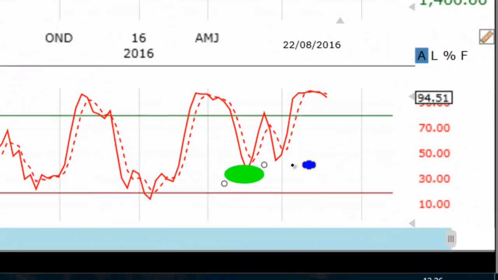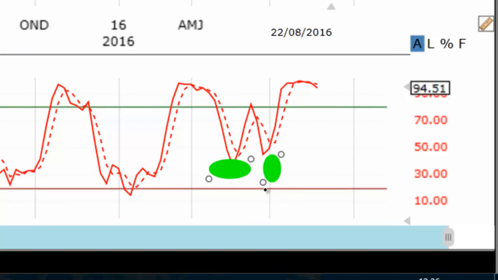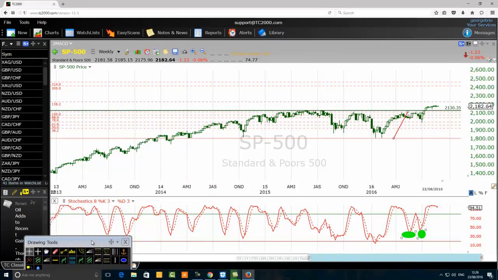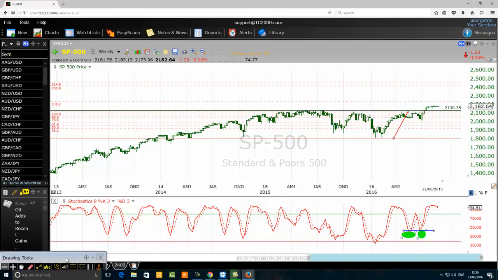I would like to remind traders that this particular stochastic pattern is not part of the 24 SP trading material, the trading material that reveals to traders the 13 specific stochastic patterns. So this bullish stochastic pattern is not one of the 13 specific stochastic patterns.